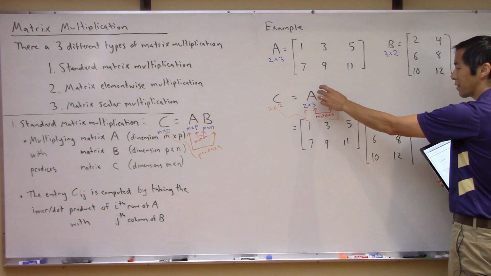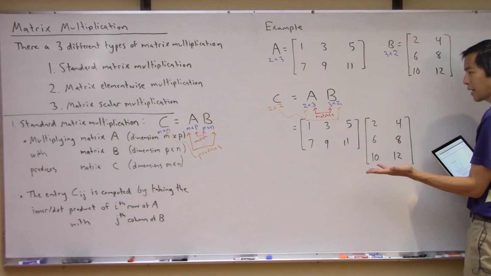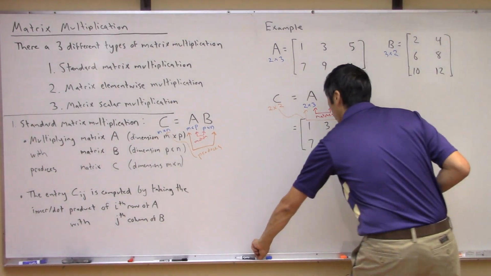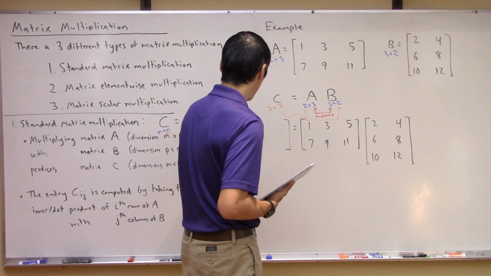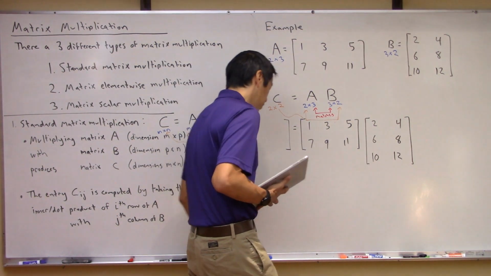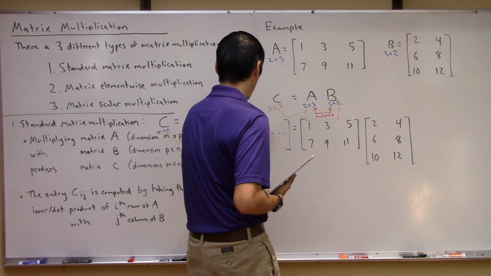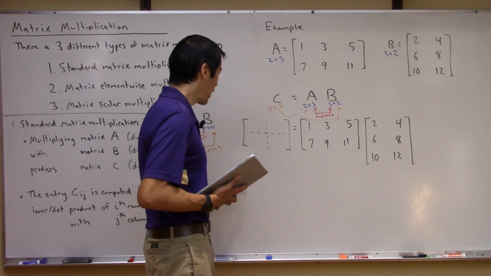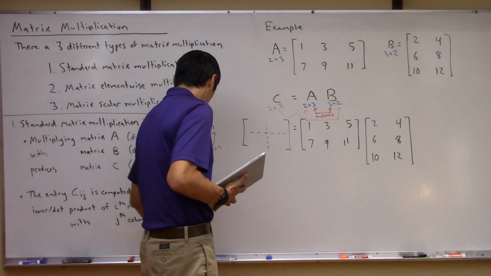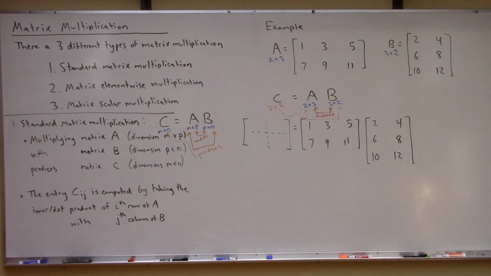Now let's write this out. Here's A, here's B, written next to each other. We know this is going to produce a C matrix over here on the far side, of size 2 by 2. Let me draw a couple of lines here. Now the question is, how do we get each of these elements? Whoops, I just dropped my pen.